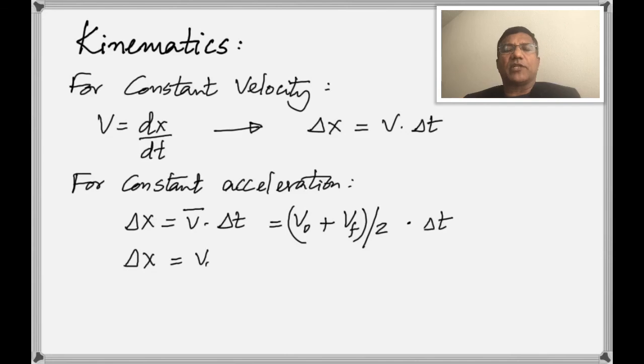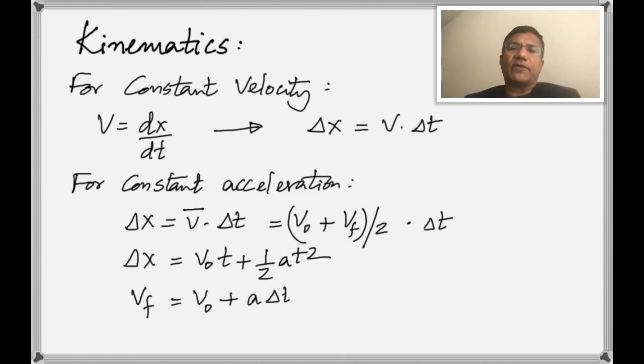So that is one equation. The second one is a very useful one. We have used calculus to derive that. It's delta x is v naught t plus 1/2 a t squared, where you know that v naught is the initial velocity, a is the acceleration, and t is the time.